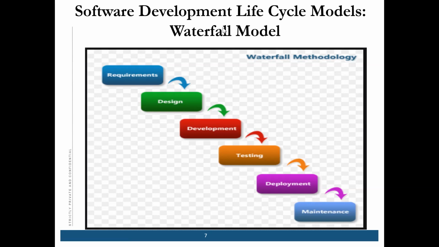So basically, the waterfall model is a linear sequential flow. First, it goes to the requirements, and it gathers all the requirements needed for that project.